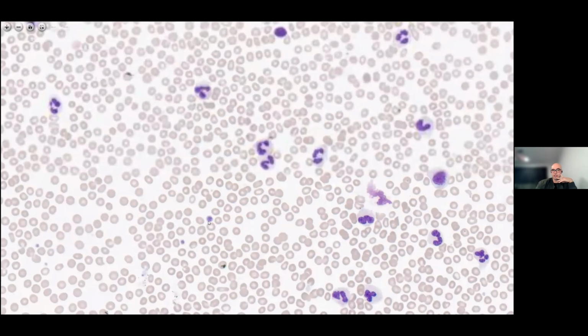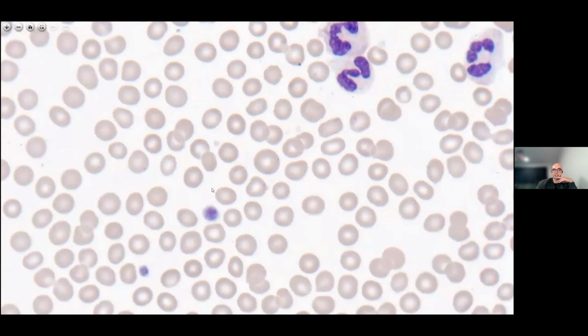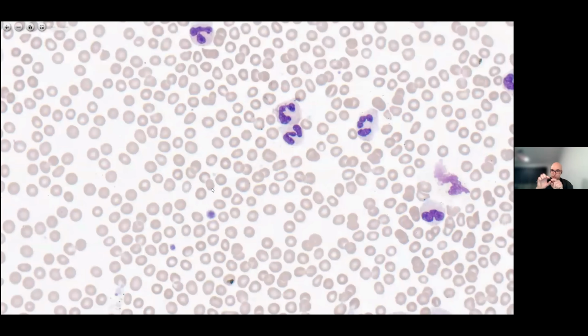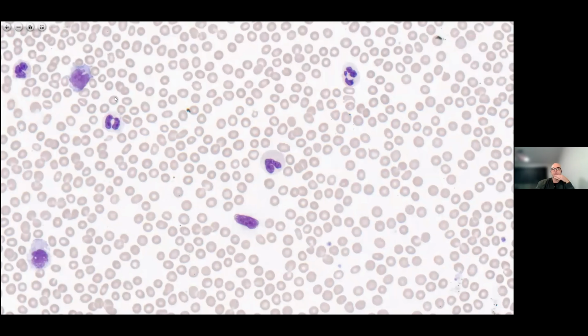And in granulation, you can have hypergranular platelets, or irregular granulation where you've got a large platelet and it all gets pulled to the center of the platelet, not evenly distributed.